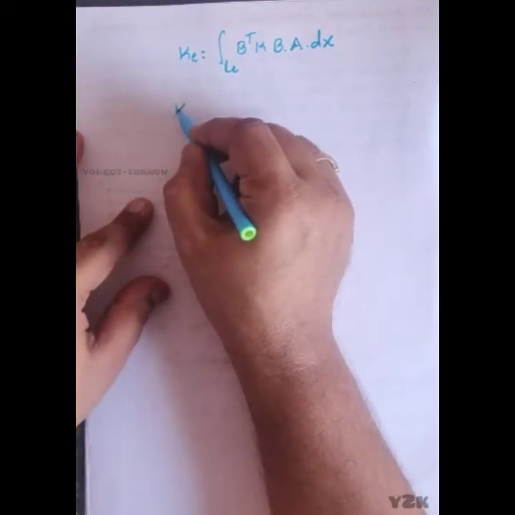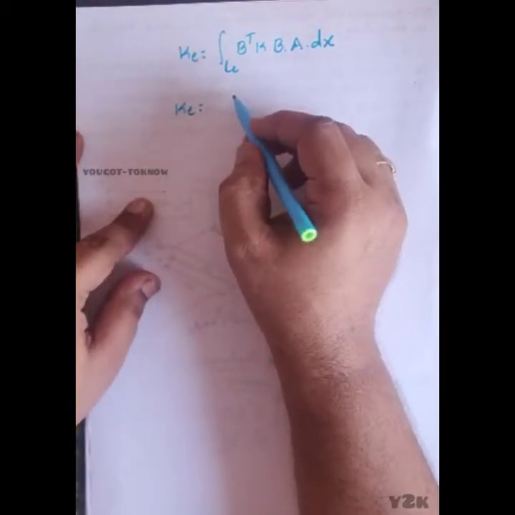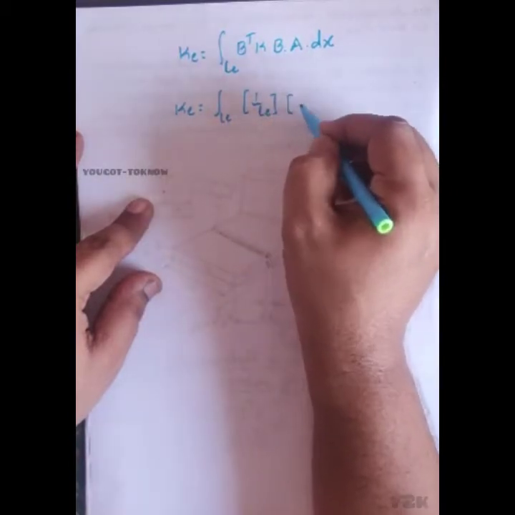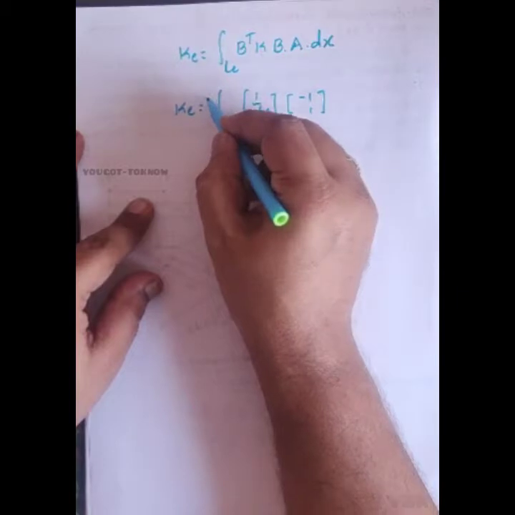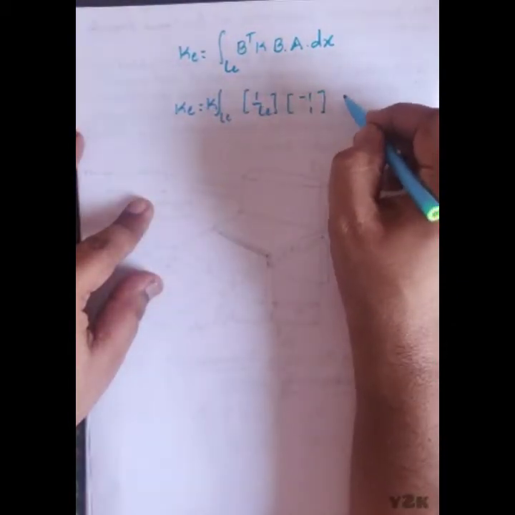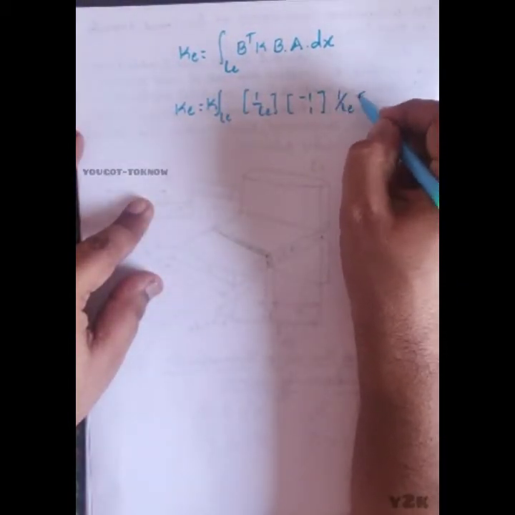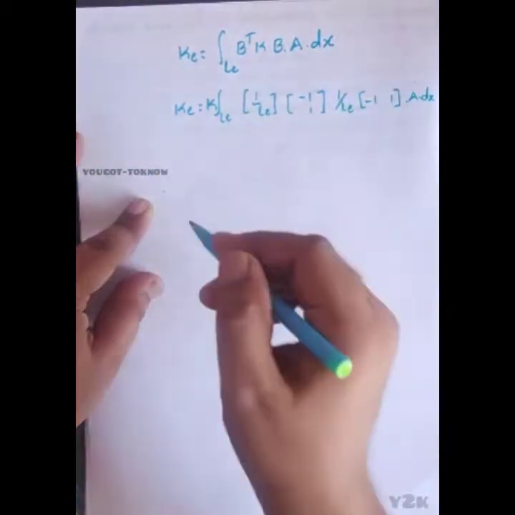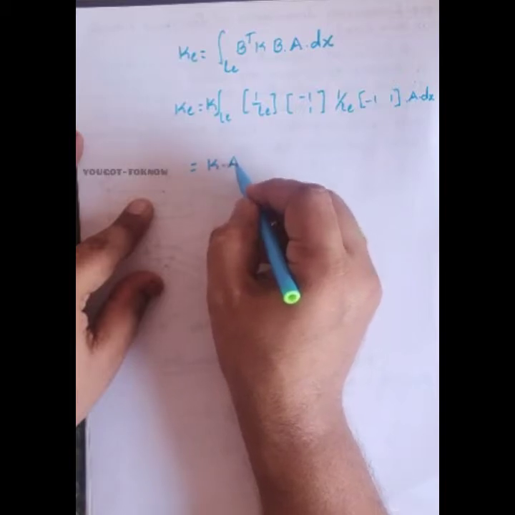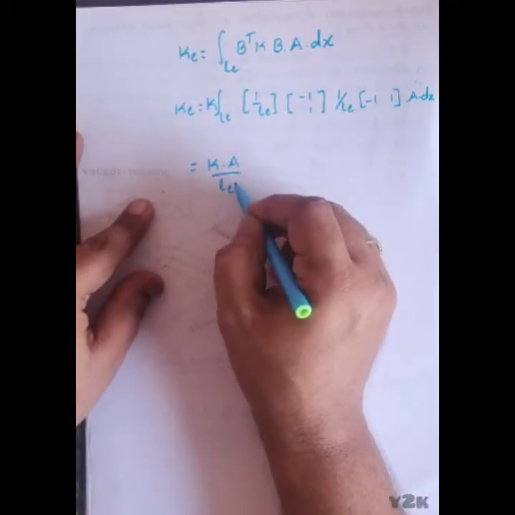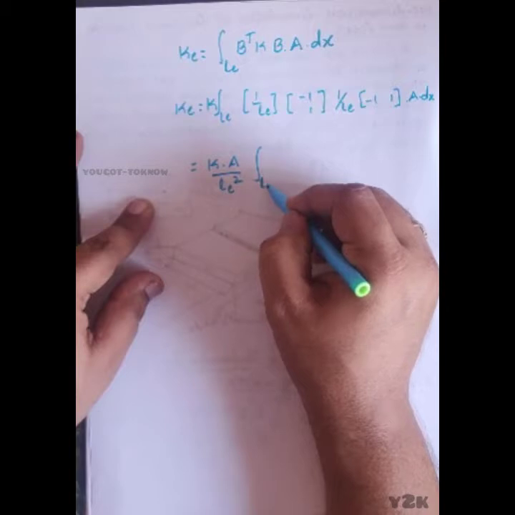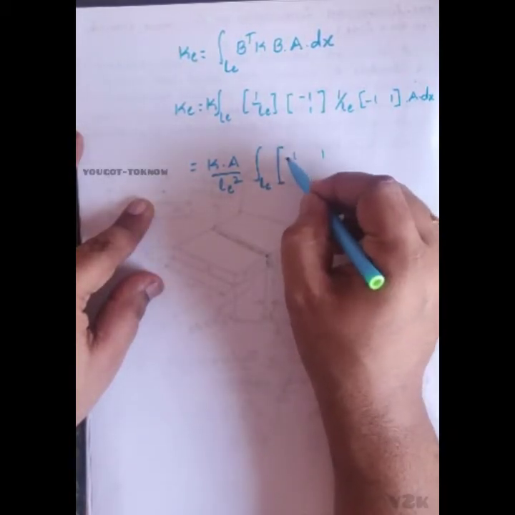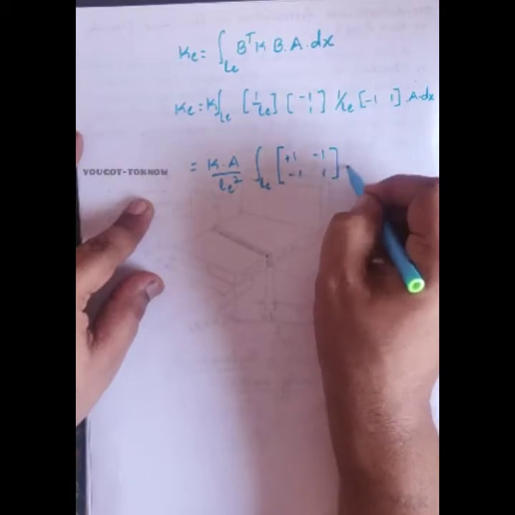Now simplify: B transpose is 1 by LE into minus 1, 1, then K, then B is 1 by LE into minus 1, 1, into A dx. We can write it as K A into 1 by LE squared, times the matrix plus 1, minus 1, minus 1, 1, into dx.